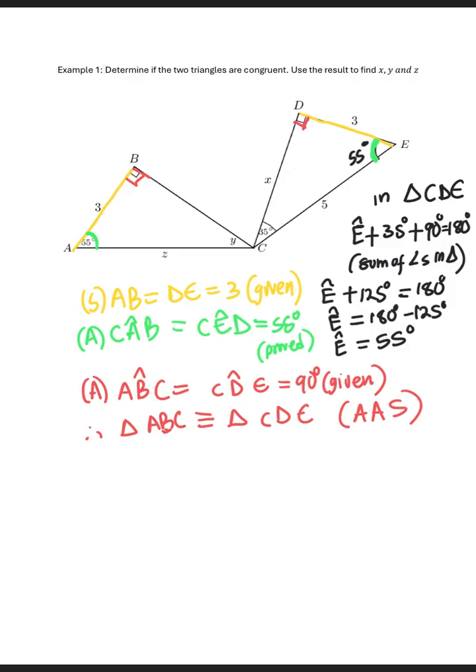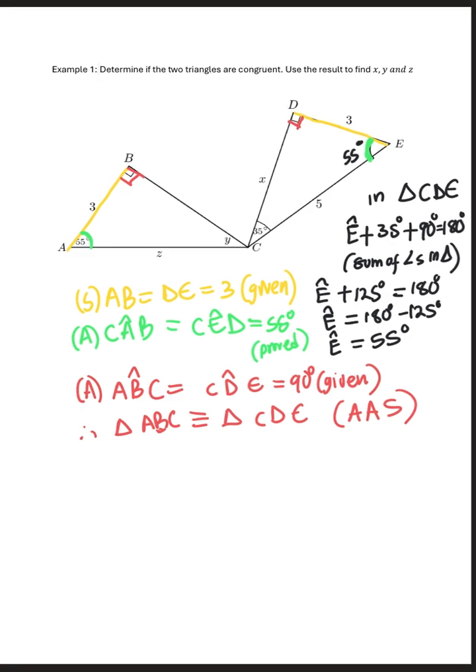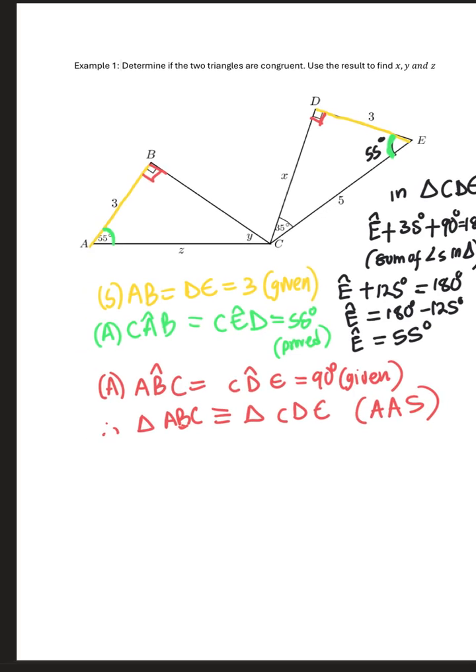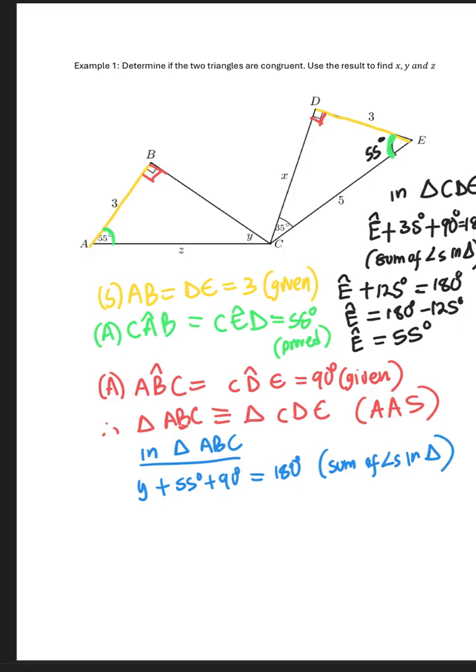So finding the value of y, we're going to say in triangle ABC, then we say y plus 55 plus 90 is equal to 180. Then this is sum of angles, right?